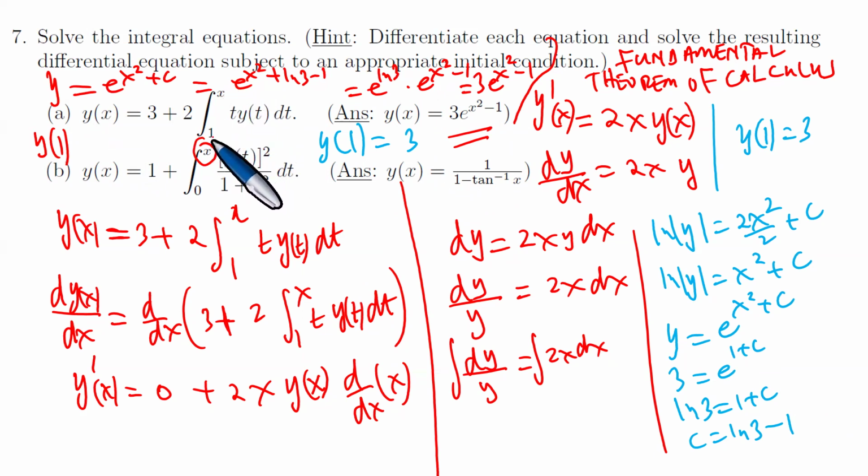An integral that moves from one number to the same number is 0 because there's no change there. That gives us the initial value: y at 1 equals 3. You get the point?